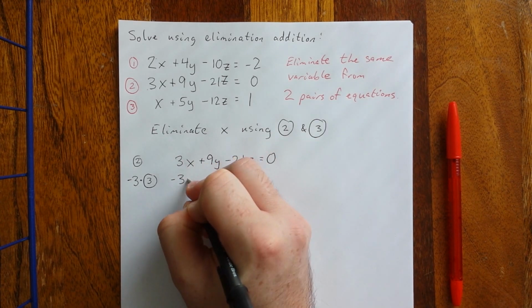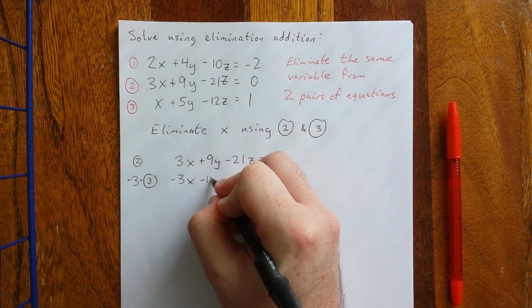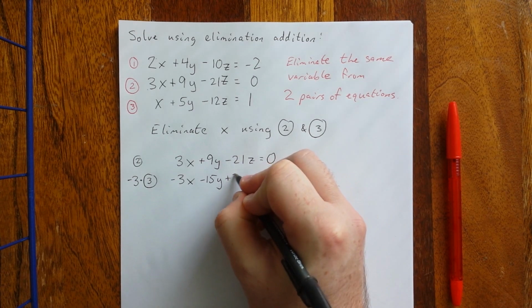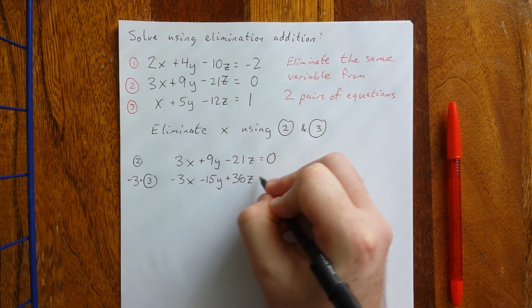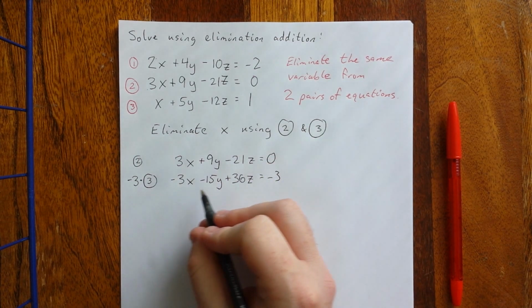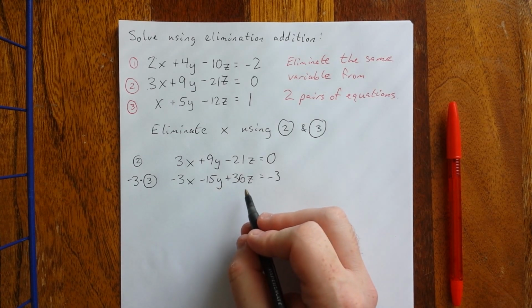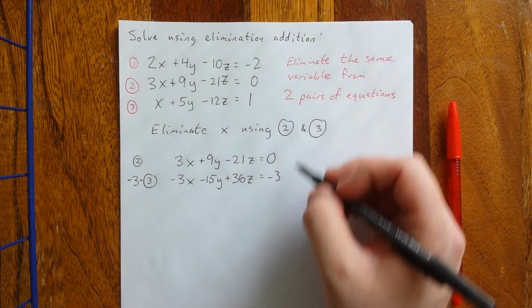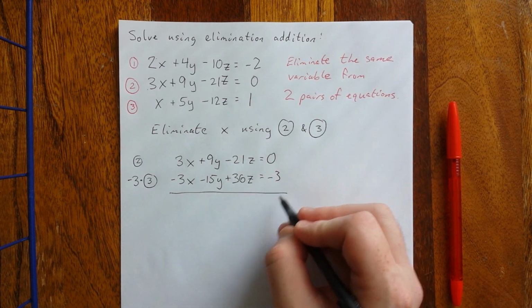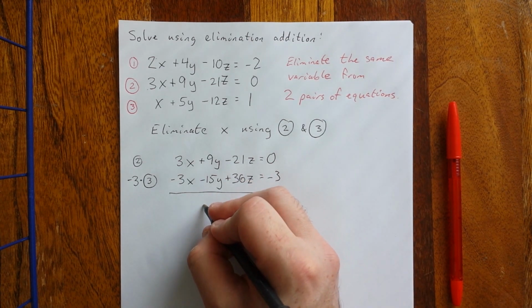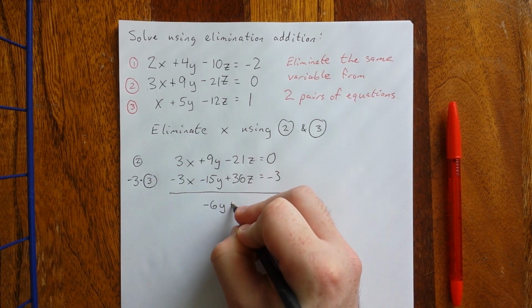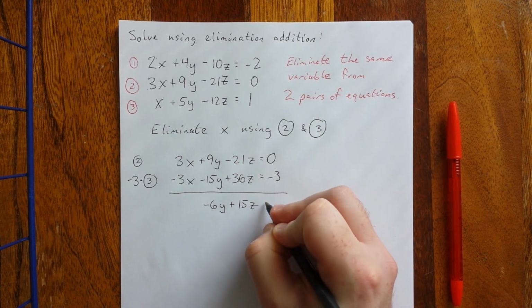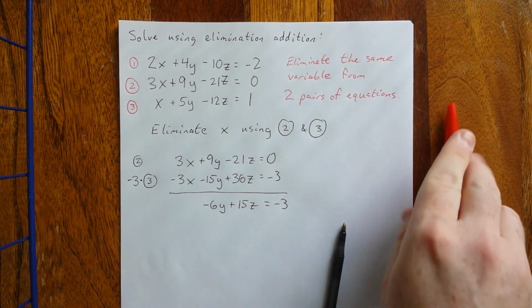So if I distribute a -3 through all three of these terms, I'll get the following. That'll be -3x minus 15y plus 36z is equal to -3. Add these together and x will be eliminated. That'll be -6y plus 15z is equal to -3.